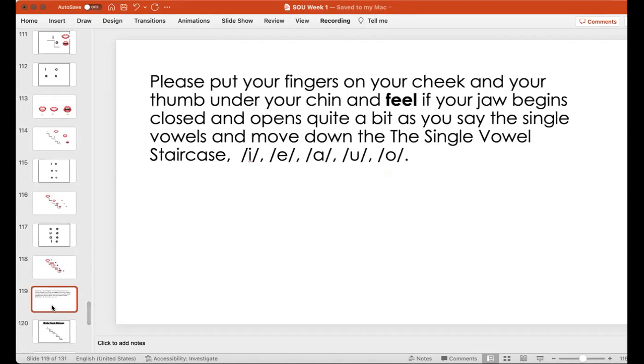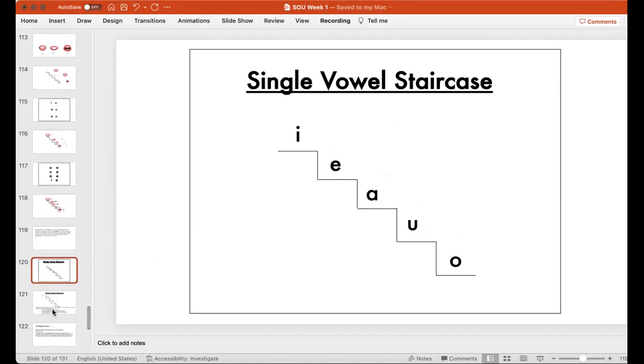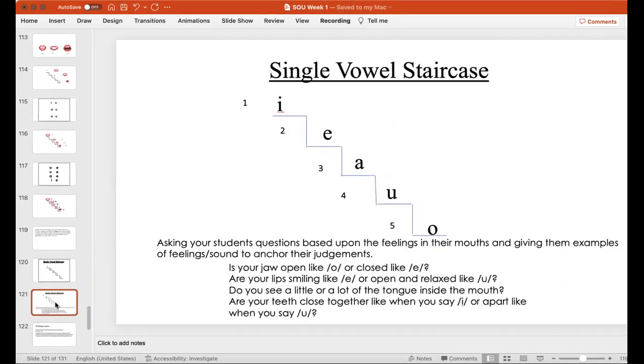So one of the things, we did that already, is I could have numbers for each of the staircase steps. And I could say a single vowel sound and then say to you, and what step is it on? 1, 2, 3, 4, or 5. And so I'm going to do that.